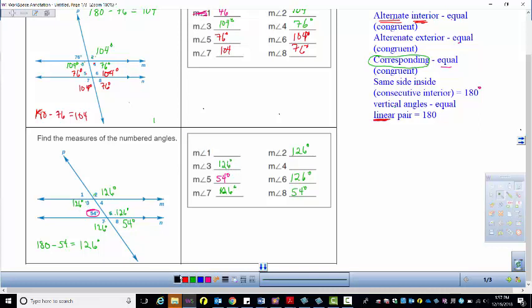Then I could say that this angle right here is 54. Angle 1 and this angle have to be equal because they are also corresponding, so it's 54 degrees. Or I could say they make a linear pair. You could do it lots of different ways. So angle 1 is 54 degrees. Then angle 4 and 1 have to be equal because they are vertical, so that's 54 degrees.